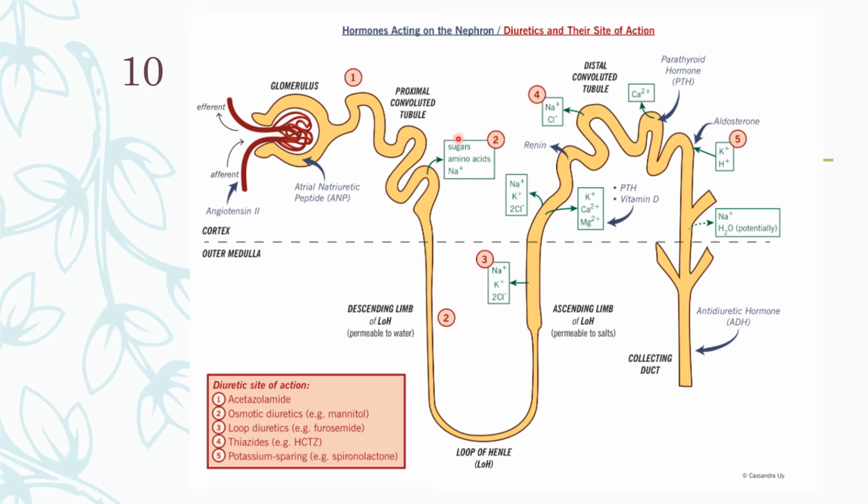So sugar, amino acids, and sodium are filtered out. Then you see sodium, potassium, chloride, sodium, potassium, chloride again here. Look at the movement of all of these different molecules. Again, I just want you to appreciate the complexity of this system, and what all is going on and what all goes into us producing the urine.